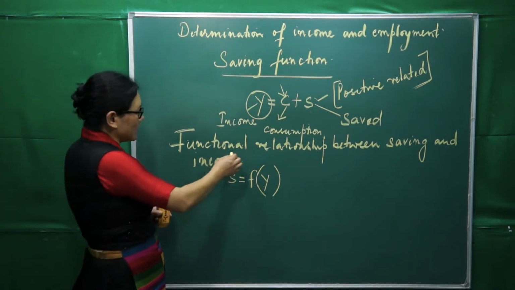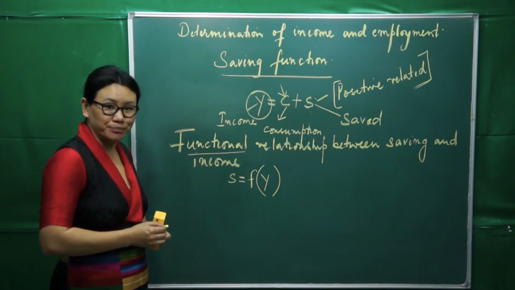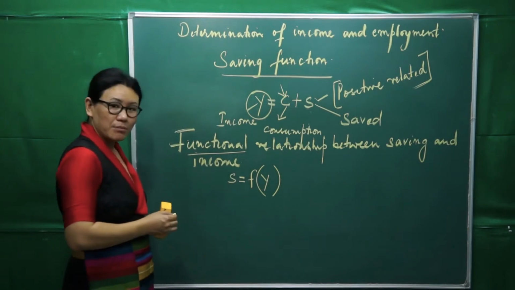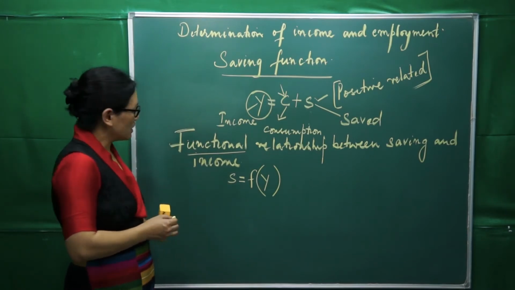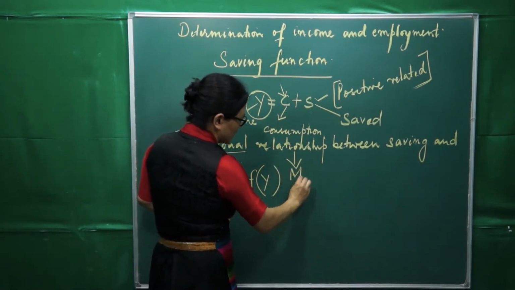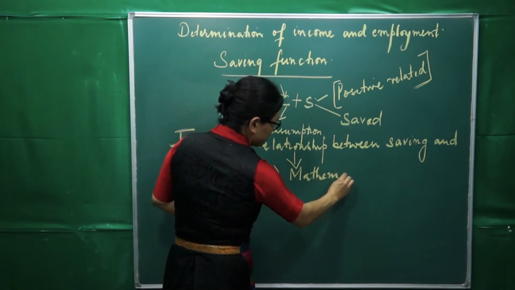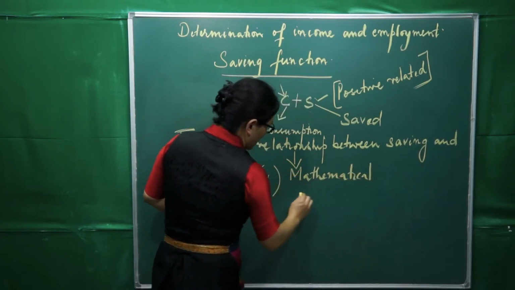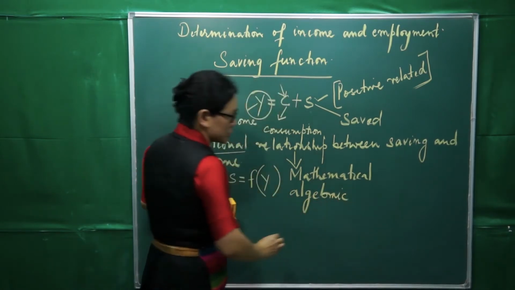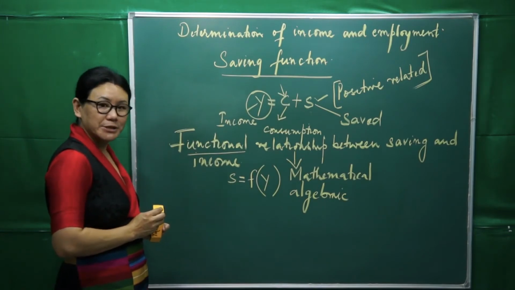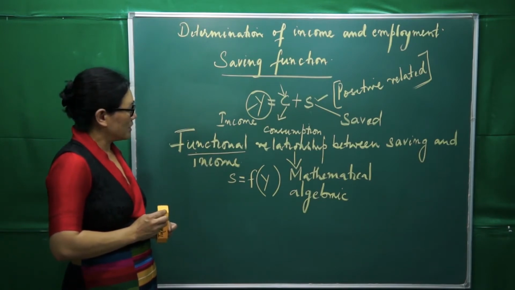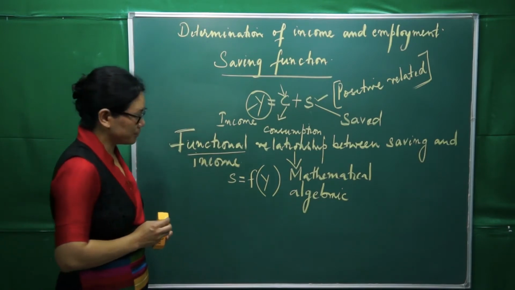Like in the consumption function, the same applies here. Functional relationship means mathematical or algebraic relationship. Now we have an equation in this saving function.